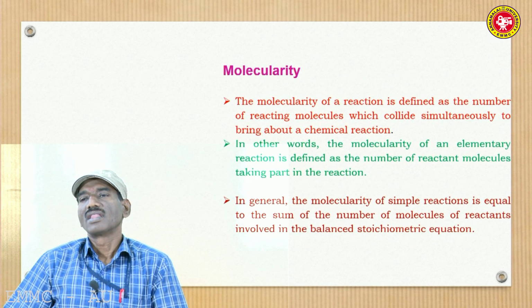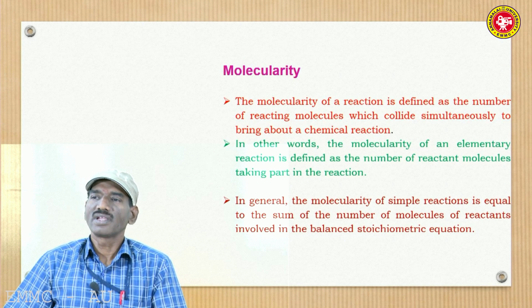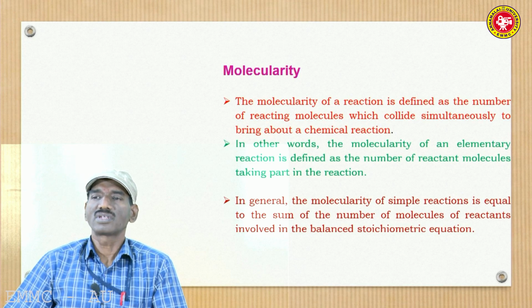Molecularity. The molecularity of a reaction is defined as the number of reacting molecules which collide simultaneously to bring about the chemical reaction. In other words, the molecularity of an elementary reaction is the number of reactant molecules taking part in the reaction.